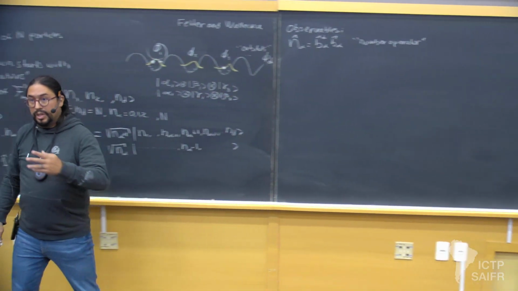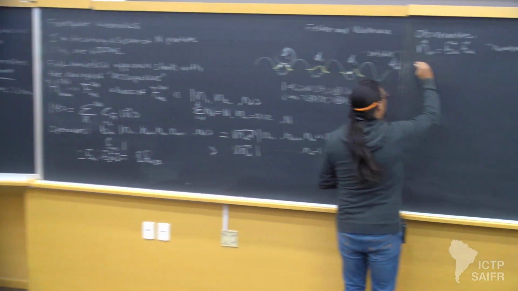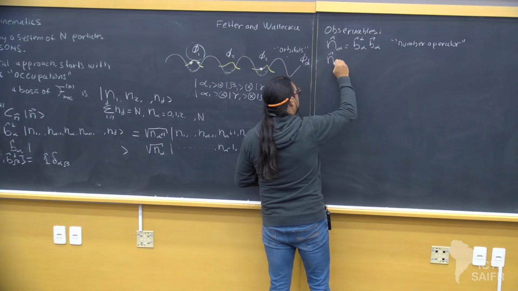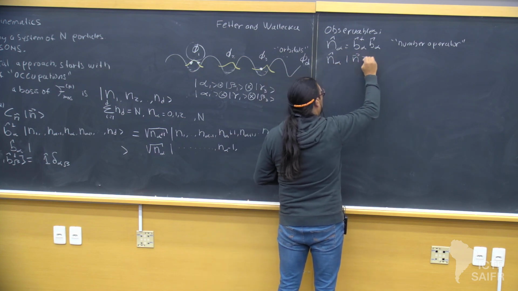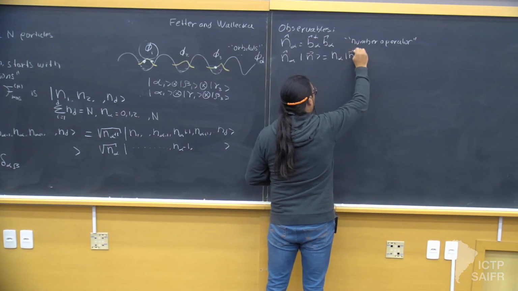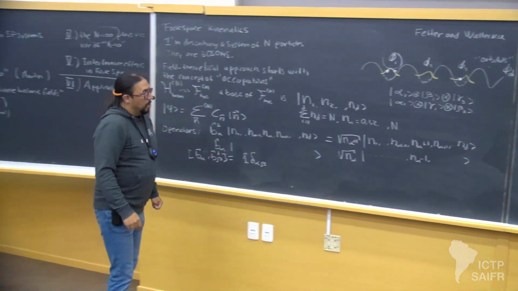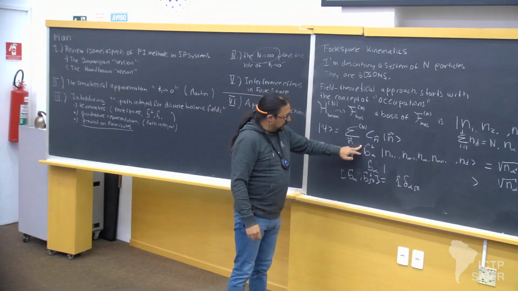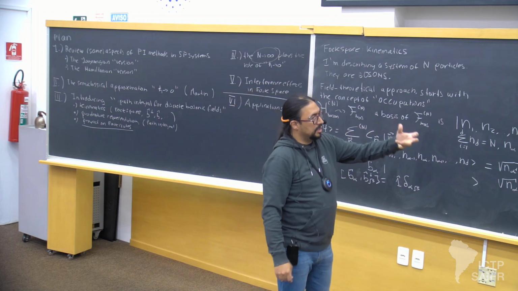I won't go into details, but this is elementary to show. The Fock states are common eigenstates of the number operators. So this thing creates a particle, this thing destroys, this thing just reads how many particles are in a certain place.